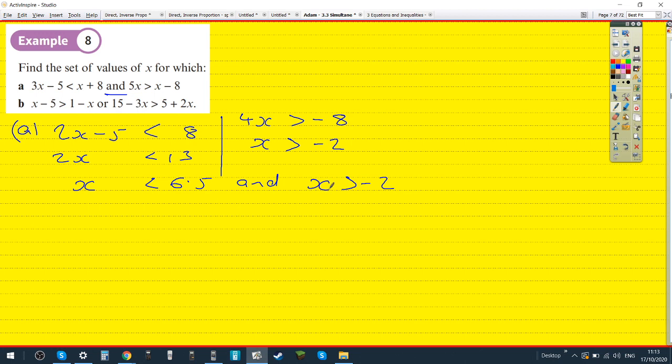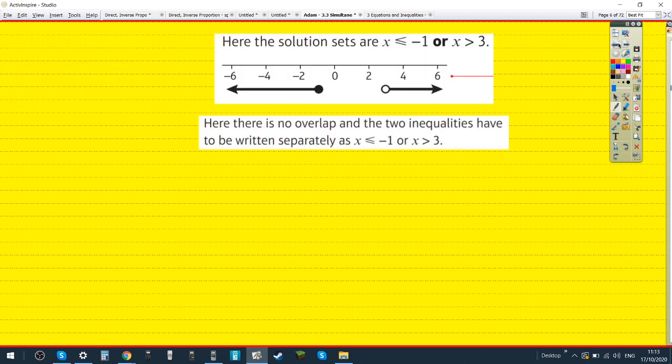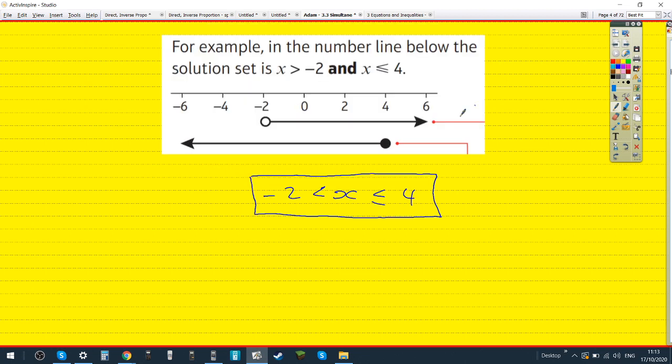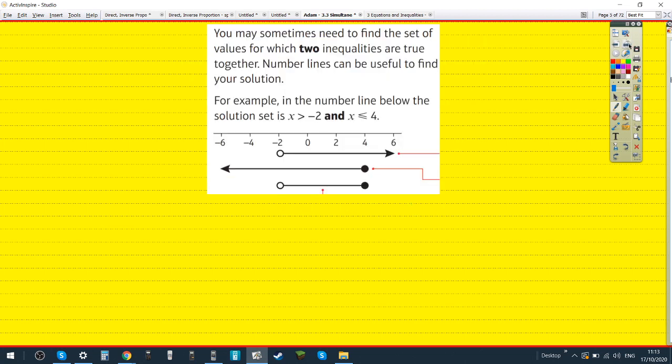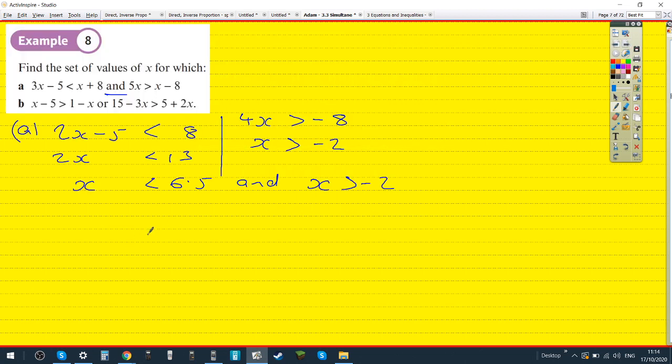That's just as an integer. These include, so when we did this one, this includes 1.5. Oh, so would it be minus 2 is less than x, and then x is less than 6.5.